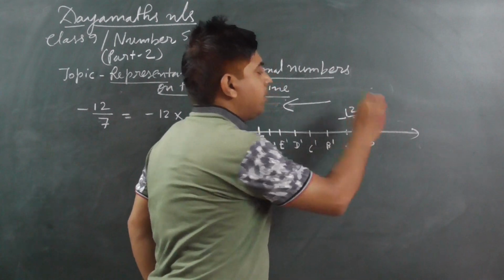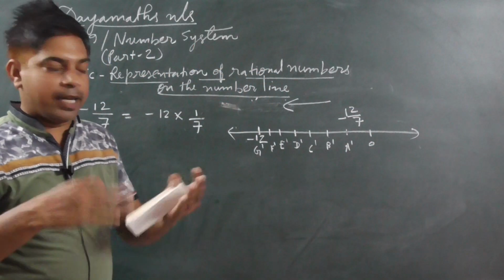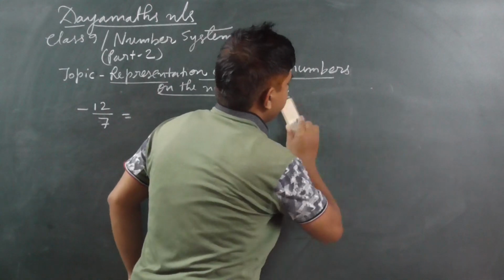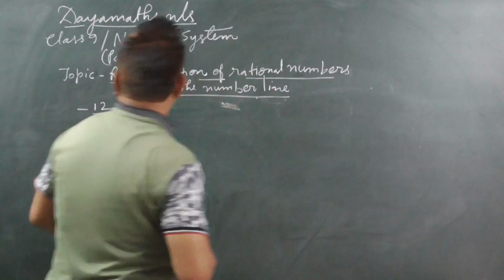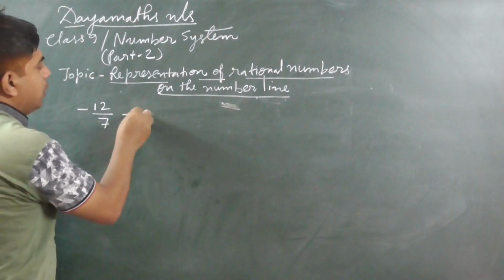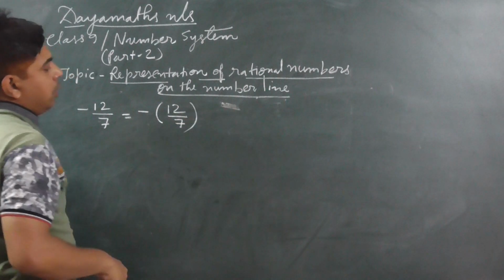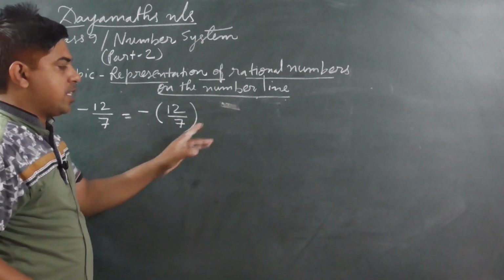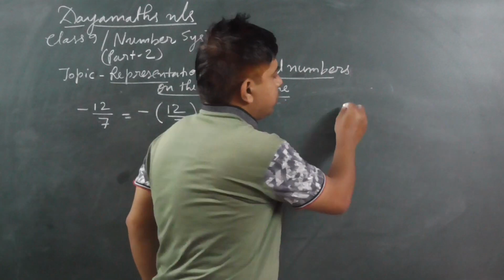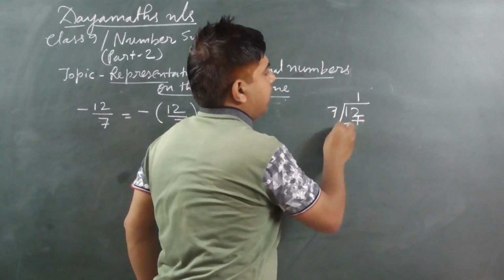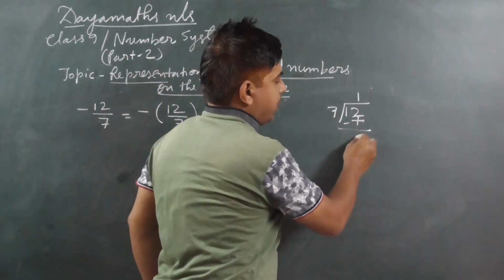Now you are going to do it another way, I'm just going to give you an idea. You can write here minus, and in bracket 12 by 7. Now convert 12 by 7 into a mixed fraction. So divide 12 by 7. 7 ones are 7. After that you will get a remainder of 5.